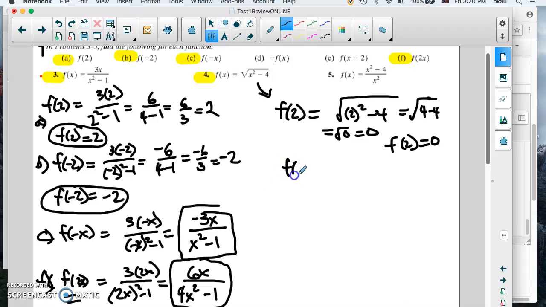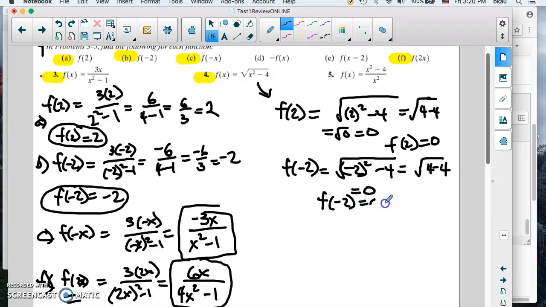Now f of negative 2 is going to be negative 2 squared minus 4, which is still 4 minus 4, because negative 2 squared is positive 4, so we're still going to get 0 out of this one too. So f of negative 2 is 0 as well.